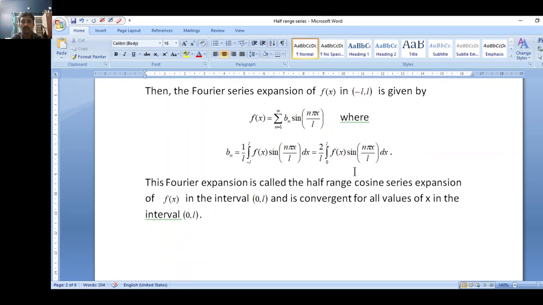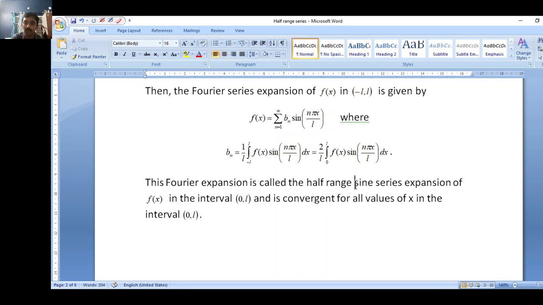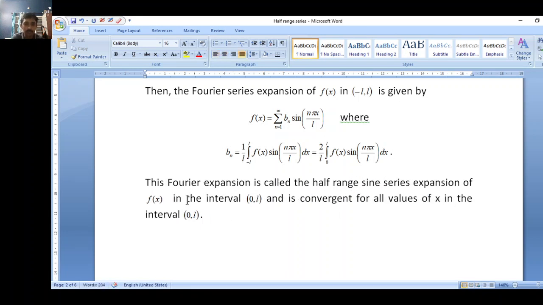Now this expansion that we have got here is called the half range sine series expansion of f of x defined in the interval 0 comma L, and once again is convergent for all values of x in the interval 0 comma L. So this is what is known as the half range sine series expansion of the given function.